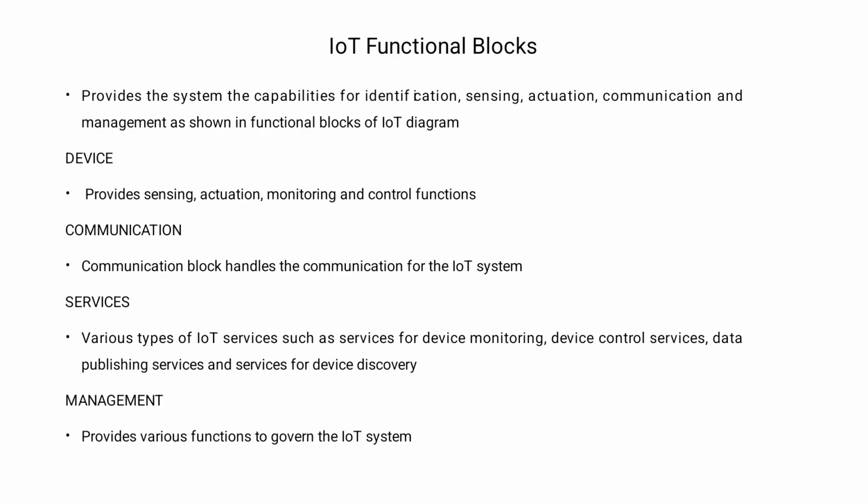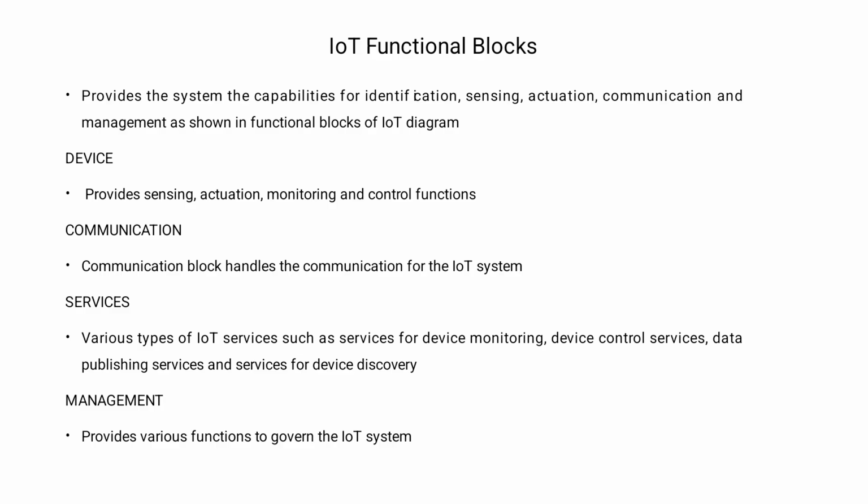IoT functional blocks provide the system the capabilities for identification, sensing, actuation, communication, and management, as shown in the functional blocks of IoT diagram. Device: it provides sensing, actuation, monitoring, and control functions.